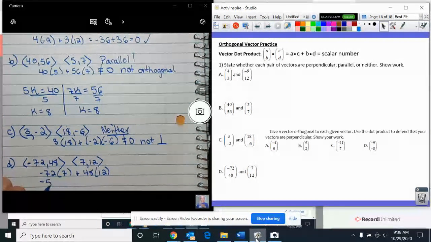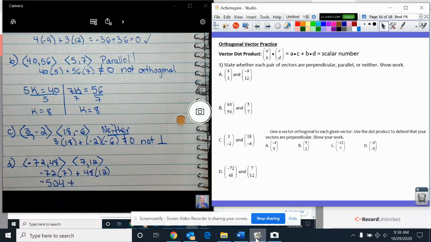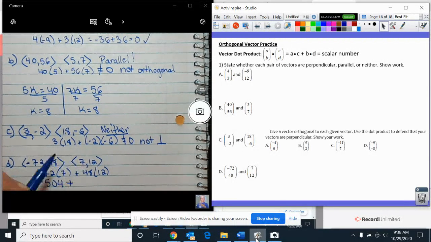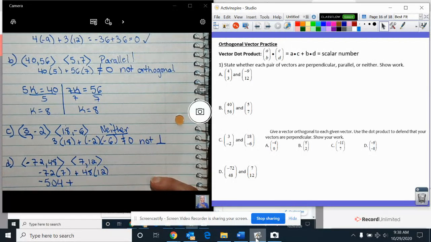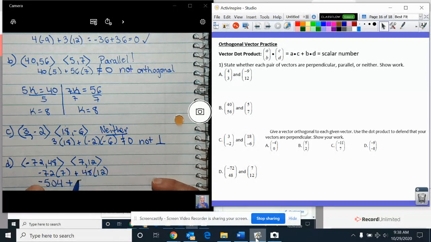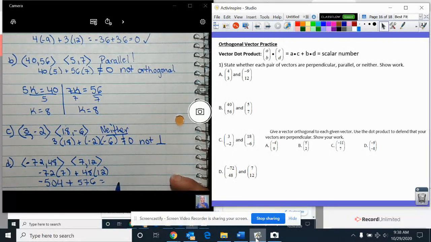So here we get -504 plus 576, which equals a dot product of 72.